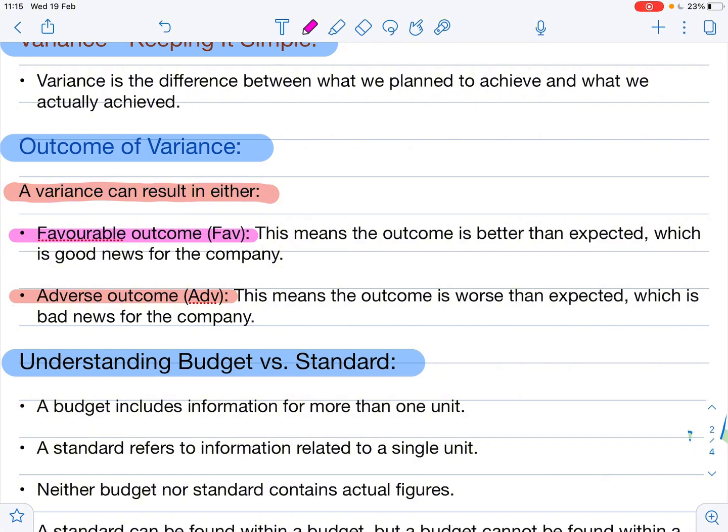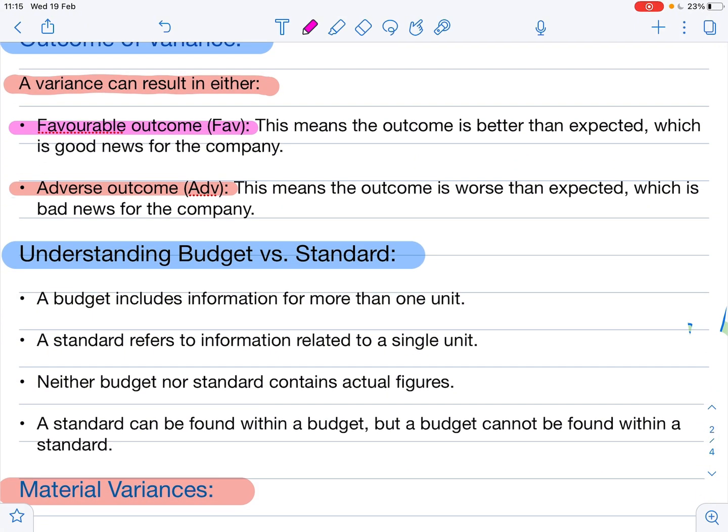Okay, good. Now, what happens if the outcome is adverse? Well, it means the outcome is worse than expected. And then this time around, the outcome is going to be bad news for the company.